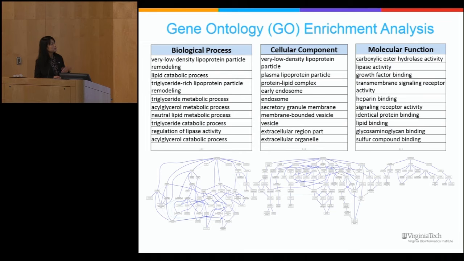From this result, we can immediately see some of the gene ontology terms, such as very low density lipoprotein particle remodeling and lipid metabolism, that are important terms, processes, or pathways that are possibly involved in atherosclerosis. And we can also visualize these terms and look at the relationships between them.